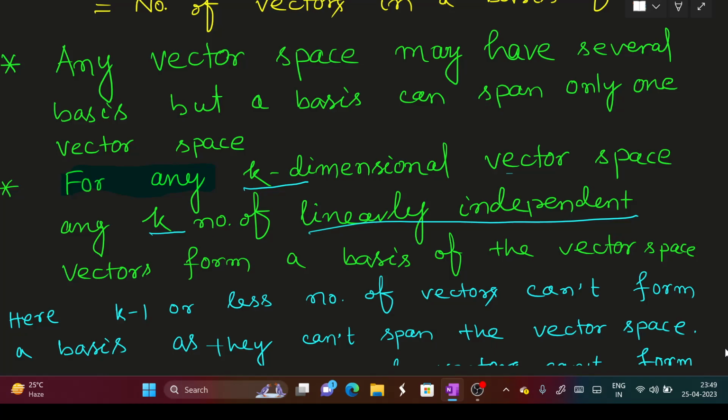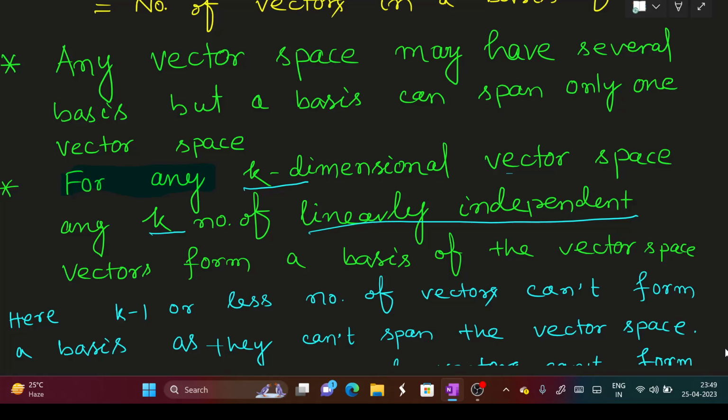But if I have less than 3 linearly independent vectors, then even though they are linearly independent, it is of no use because they cannot span the whole vector space.